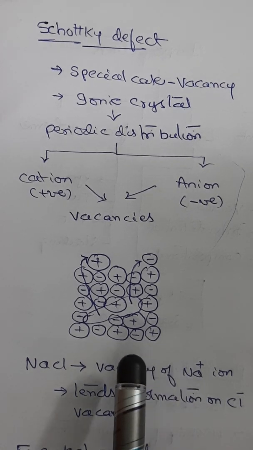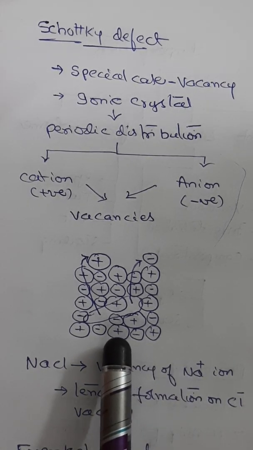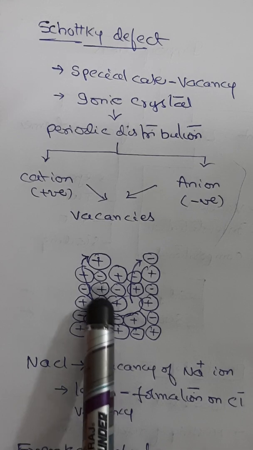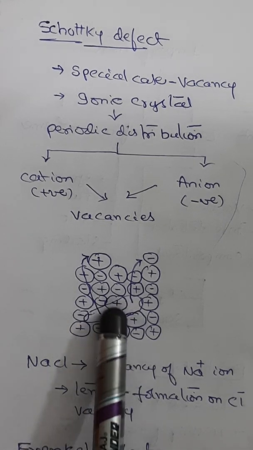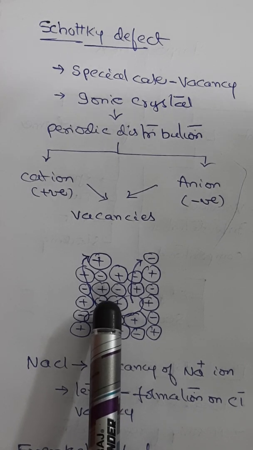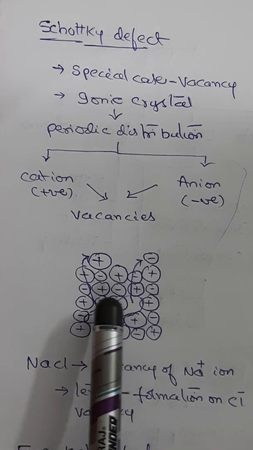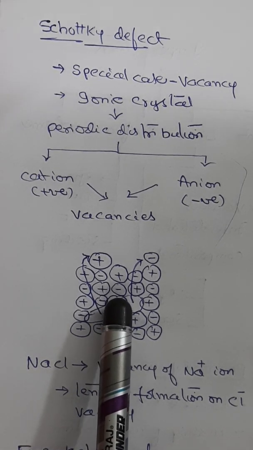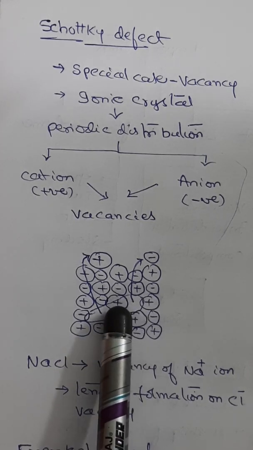When a positive ion vacancy is formed inside the crystal, naturally it results in excess negative charge inside the crystal. To maintain the charge neutrality of the crystal, a negative ion moves to the crystal surface.